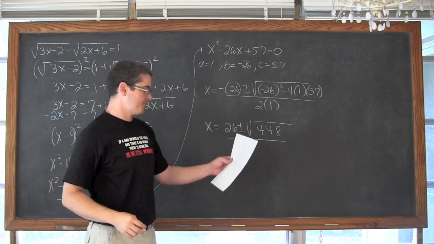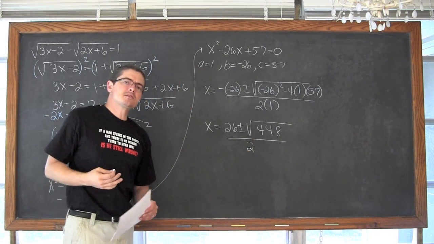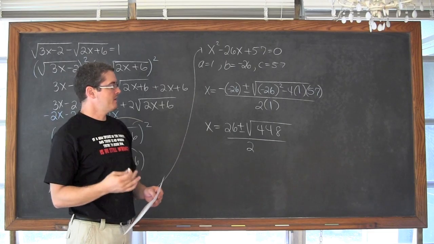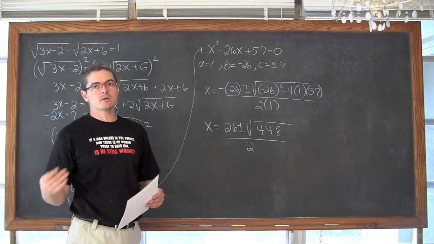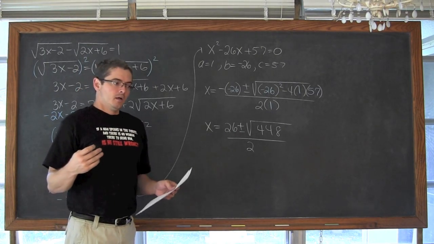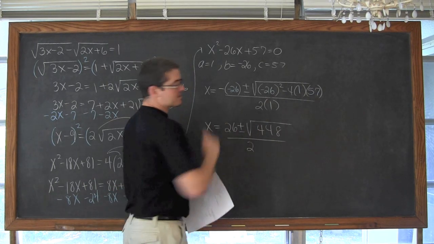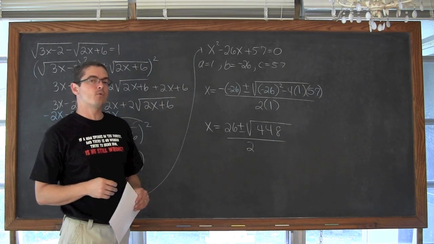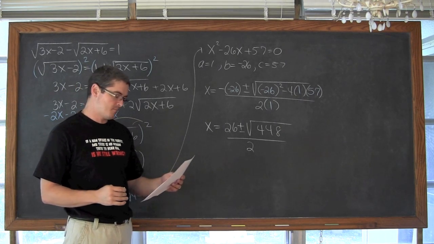All of that over 2. If you need to keep this in exact format, there is a perfect square in 448. Just go through there. Let's see, perfect squares. 4, 9, 16, 25, 36, 49, 64, 81, and start going through that list and dividing those numbers into 448 to see if you can find that perfect square that goes in there. It turns out it's 64.